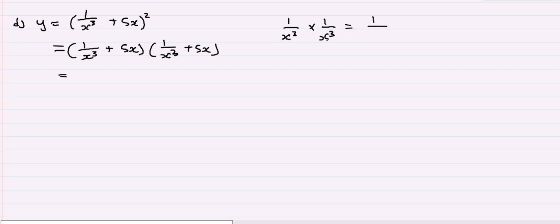Denominator multiplied by denominator, which is x³ multiplied by x³, laws of exponents, this is x⁶. So this is 1/x⁶.